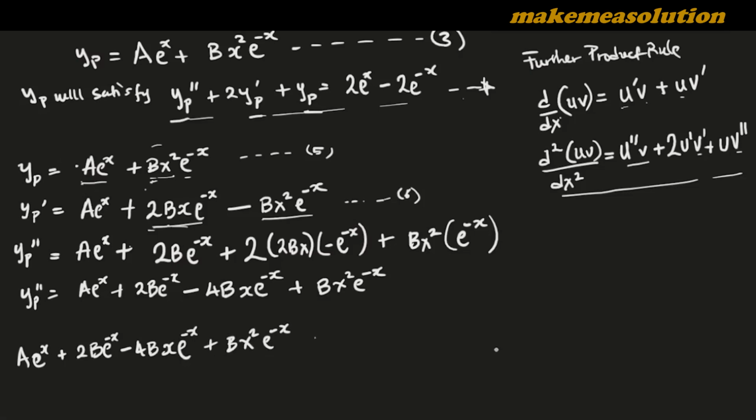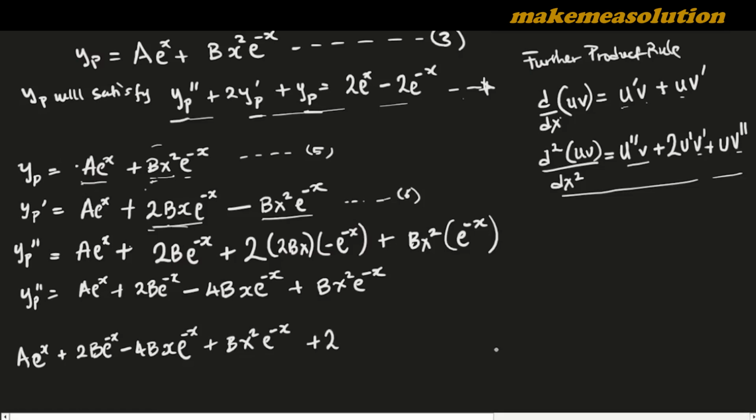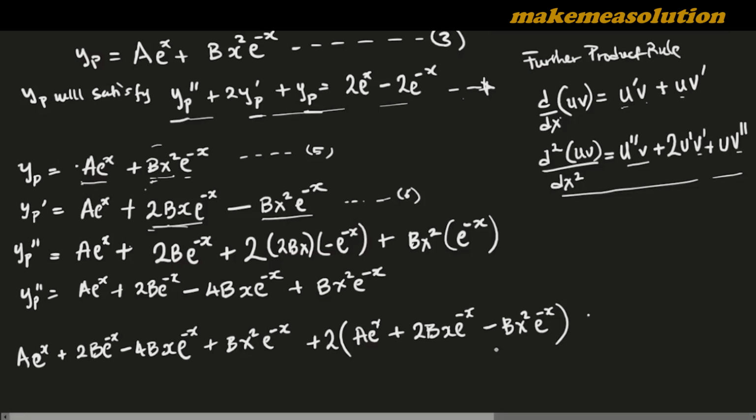Then yp prime prime plus 2yp prime. So 2yp prime uses the expression for yp prime, which is a exponential x plus 2bx exponential minus x, minus bx squared exponential minus x. Then finally plus yp.